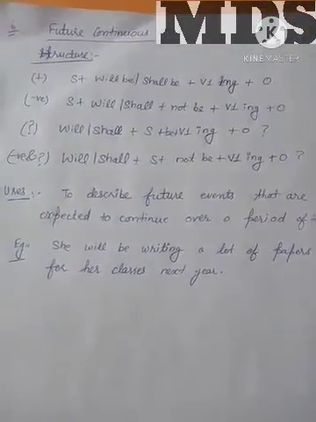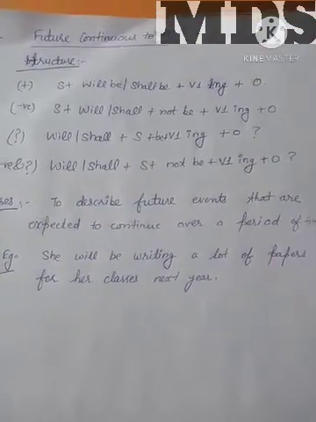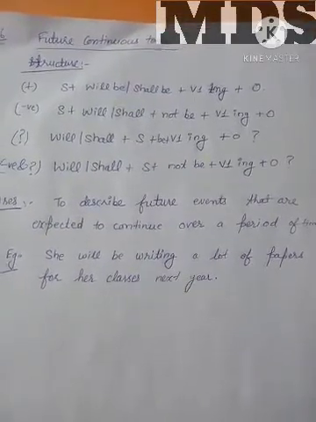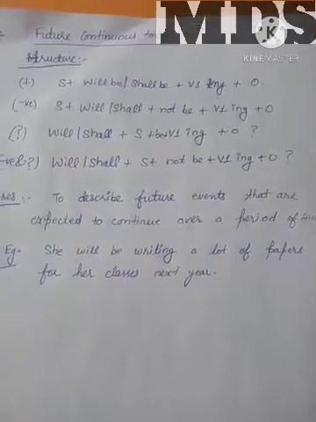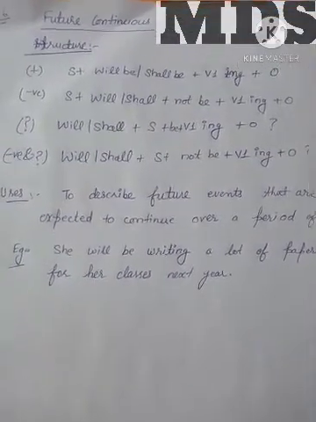Meaning something that is going to happen in the future, but it is already decided that it is going to happen from this time to that time. For those future events we are going to use future continuous tense.